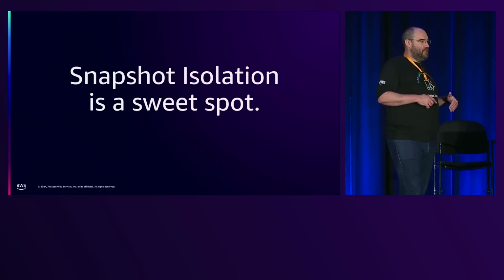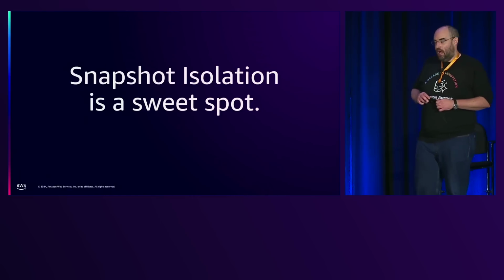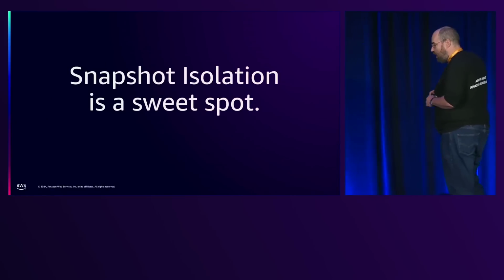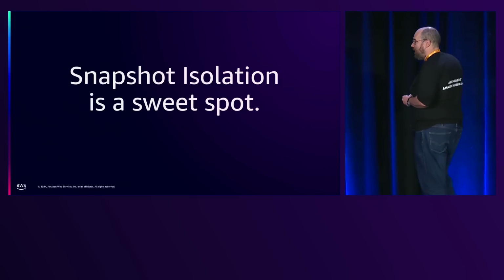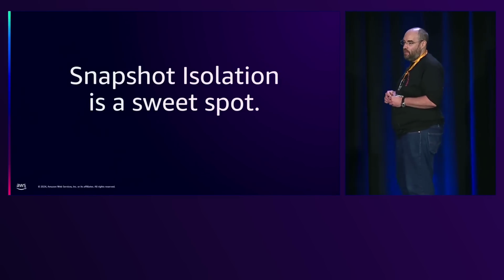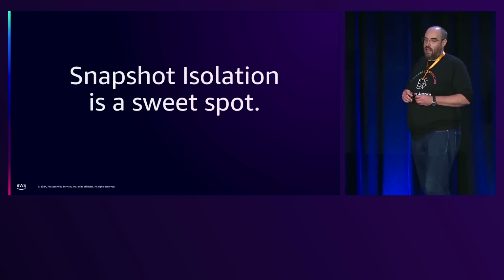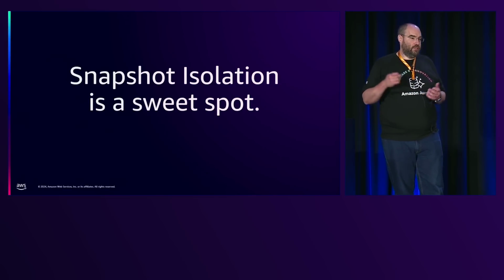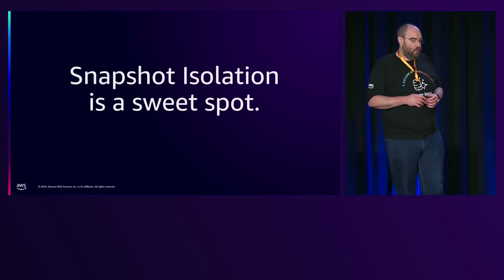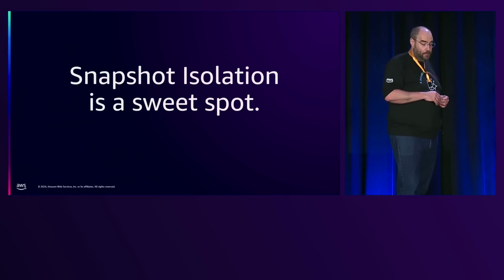If we went to read committed, well, we could avoid doing multi-version concurrency control, but we would have to actually coordinate writes slightly more closely to meet the ANSI spec. And there's no point for us in going to read uncommitted because we get that isolation between concurrent transactions and uncommitted transactions for free just because of the way that we scale the query processor fleet.